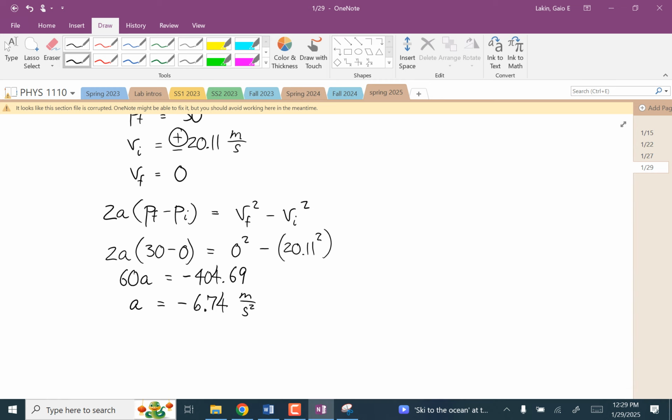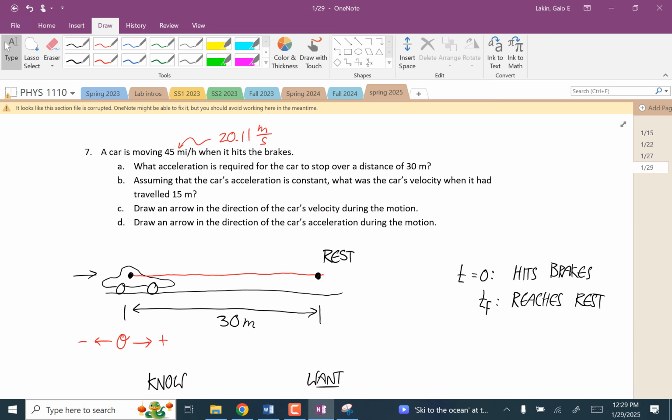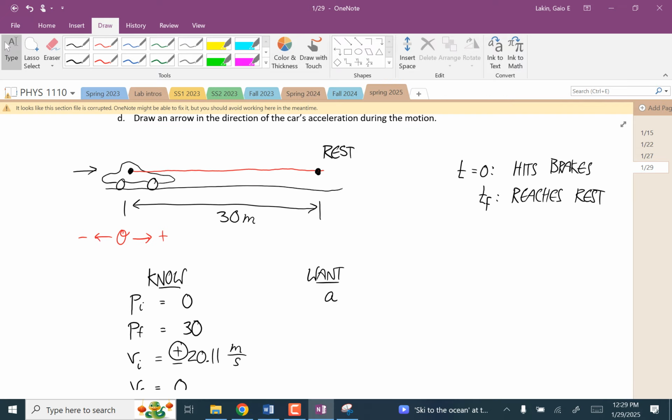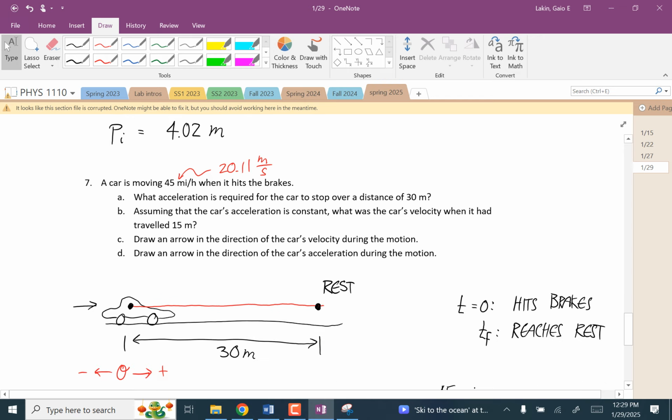Okay. Yes? For both, sorry, because I came a little late. Can you go up a little bit? Yeah. Miles per hour to meters per second? Yeah, 45 to 20. So 45 miles per hour, that's how I wrote it.